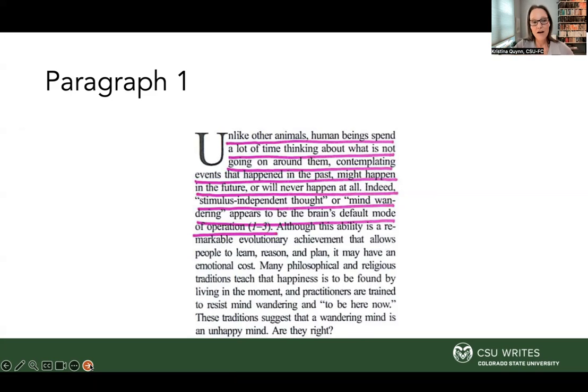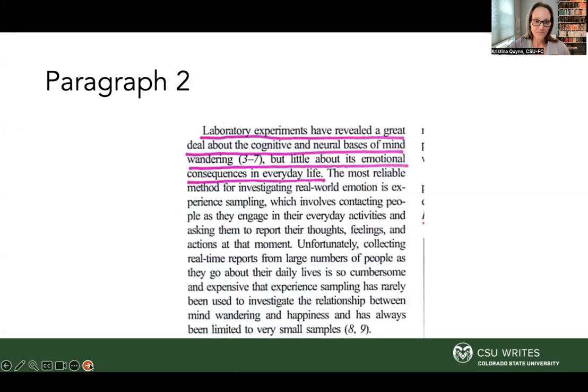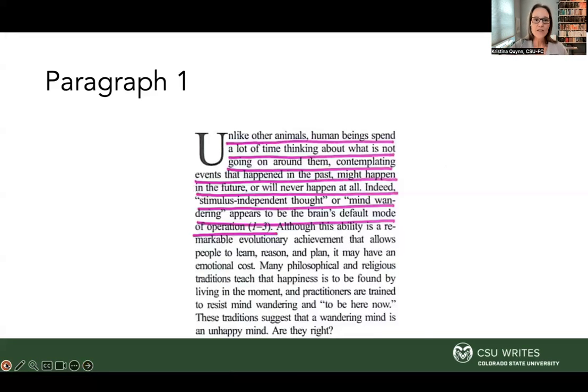Can you condense and pull it together as a summary abstract? Oops, sorry. So this first sentence, we're thinking about: unlike other animals, human beings spend a lot of time thinking about what is not going on around them, contemplating events that happened in the past, might happen in the future, or will never happen at all.